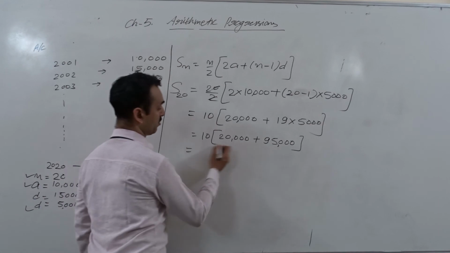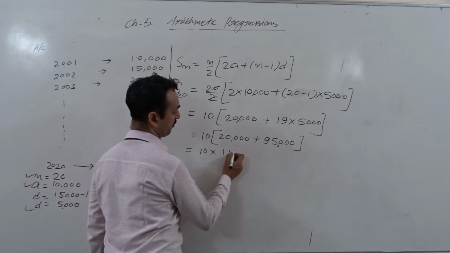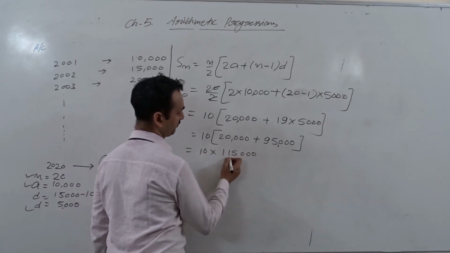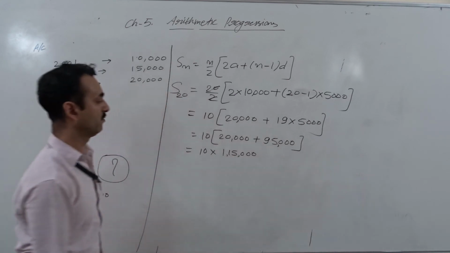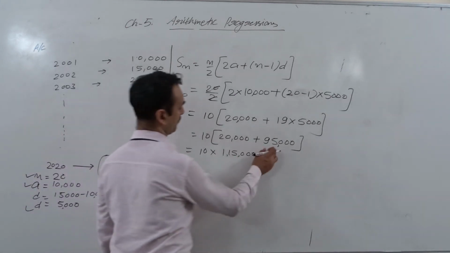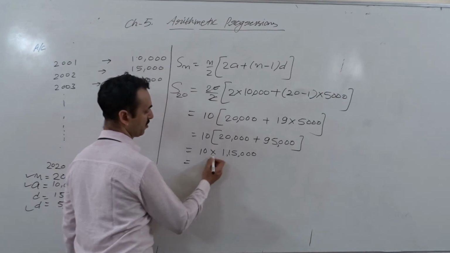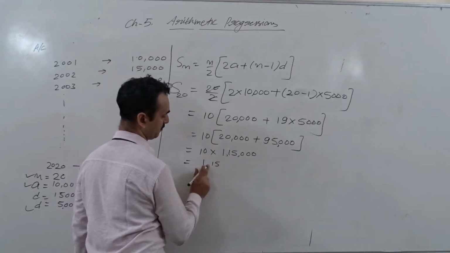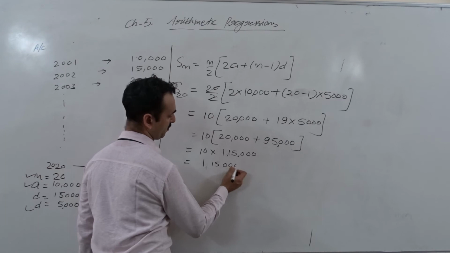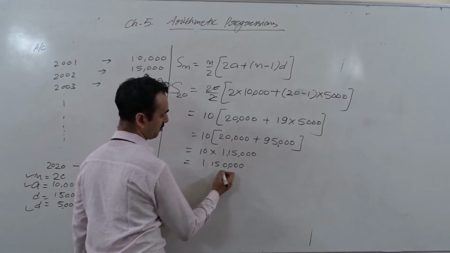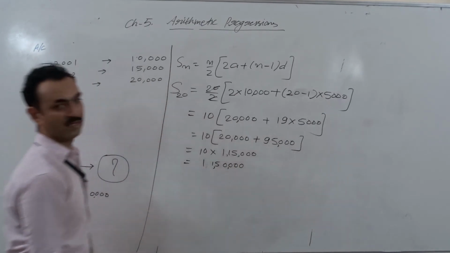Now 95,000 plus 20,000 is 1 lakh 15,000. 1 lakh 15,000 multiplied by 10, put one 0 here, so this will be 11 lakh 50,000.